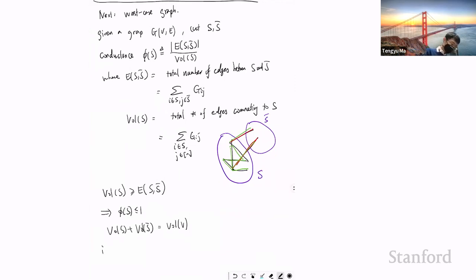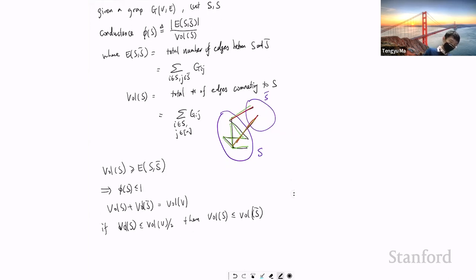This means that if the volume of S is less than the volume of V over 2, then the volume of S is also less than the volume of S bar. And this means that the conductance of S is bigger than the conductance of S bar.